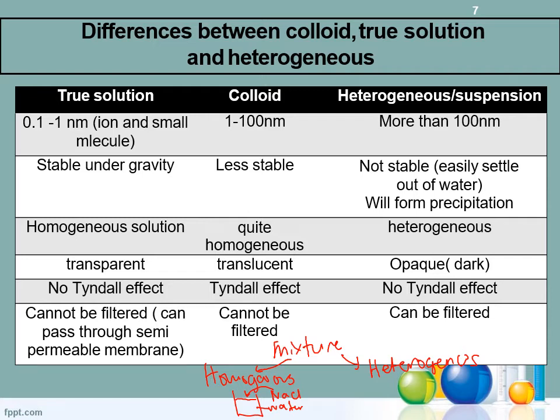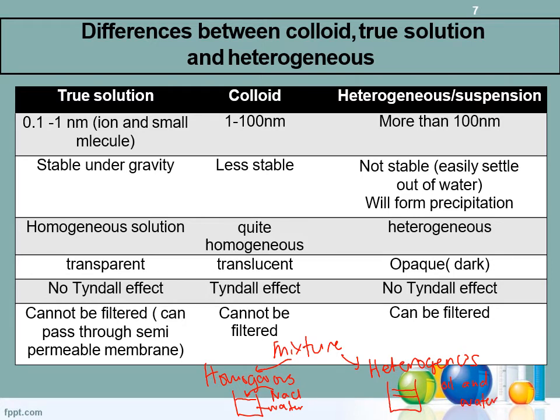For a heterogeneous mixture, it means that the substances being mixed together are not mixed uniformly with each other, so it will form layers. For example, I have oil and water.